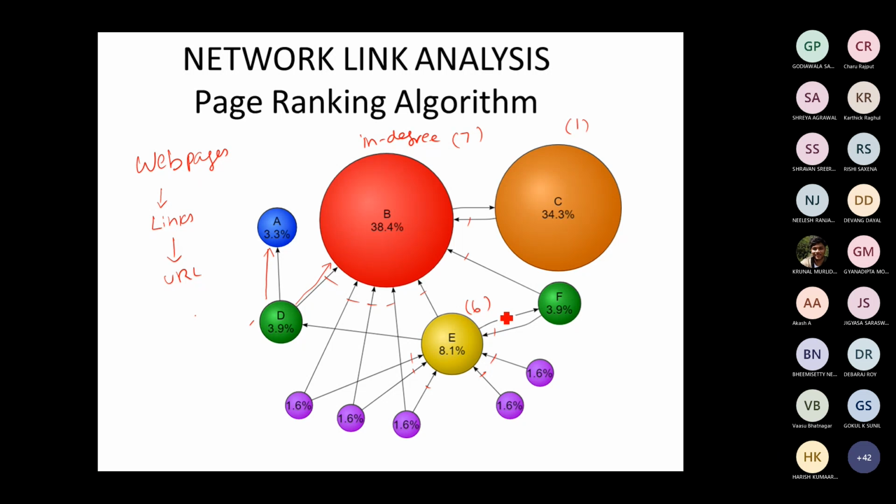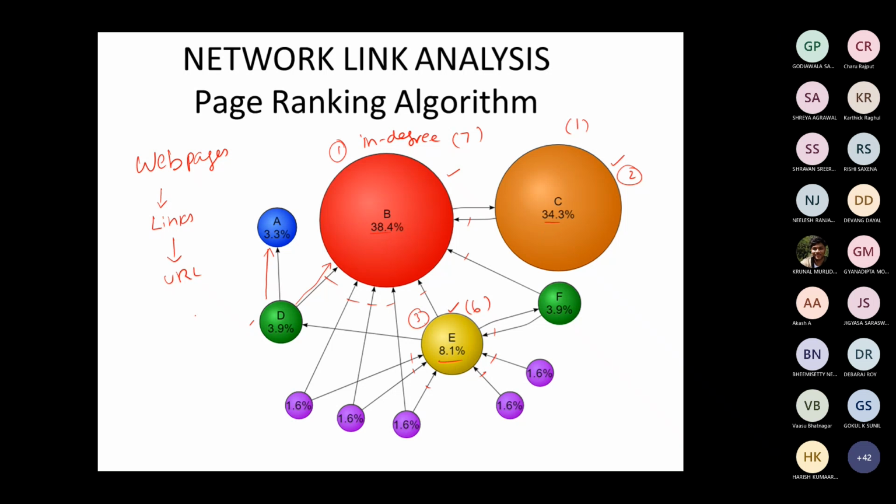If we look at the in degree quantity, obviously after B, E should get the next rank, right? Because E has 6 degrees, but C has only 1 degree. This is rank 1, this is rank 2, this is going to rank 3, if you're looking at the percentage based on that.